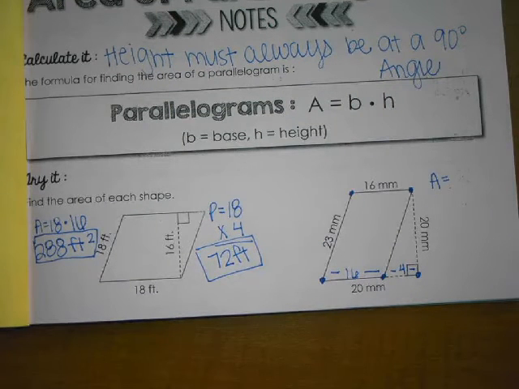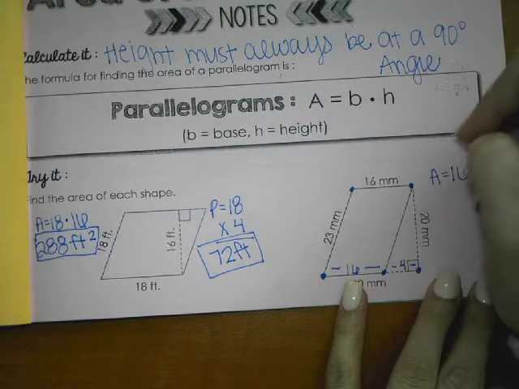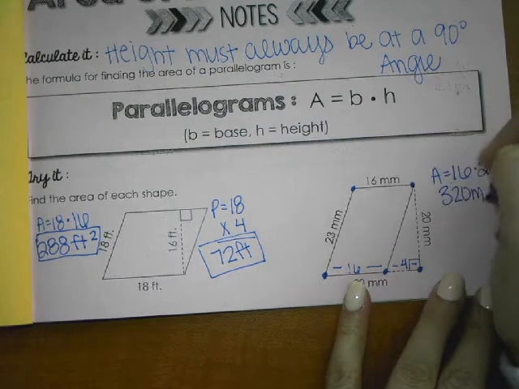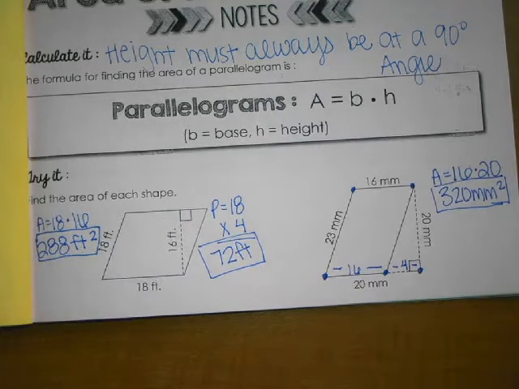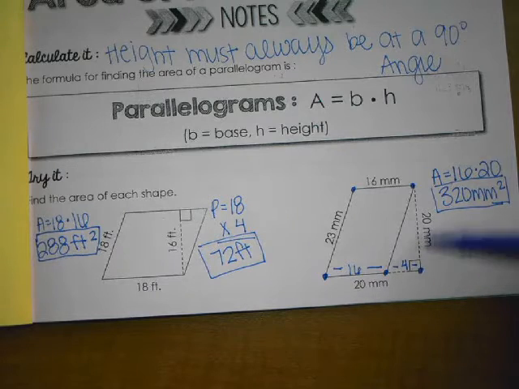All right, guys, let's go over it. 22, how did you find area? Which is? Excellent. 16 is your base. 20 is your height. Remember, your height must be at a what? 90-degree angle. Do not do the slanted lines. They're not at 90 degrees. The height must be at a 90-degree angle.